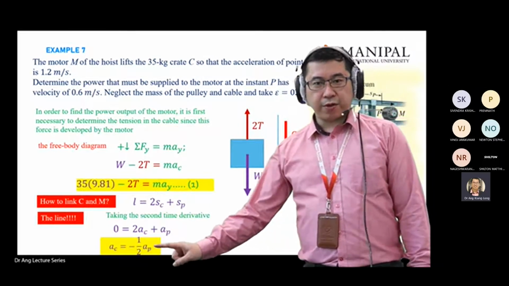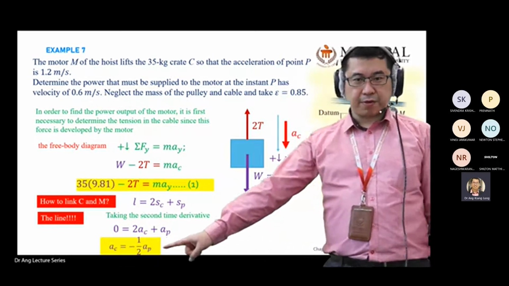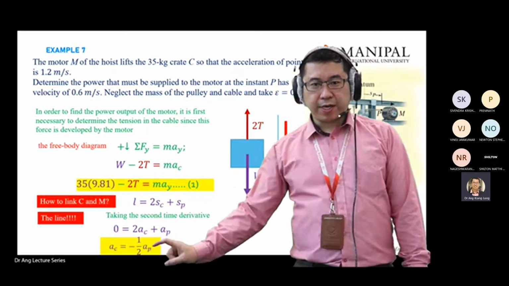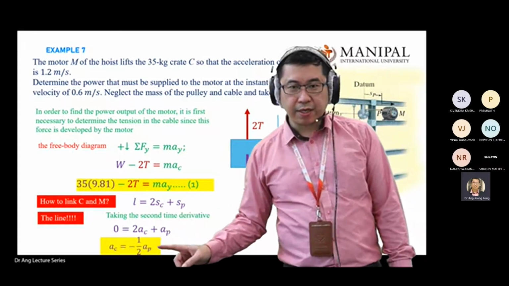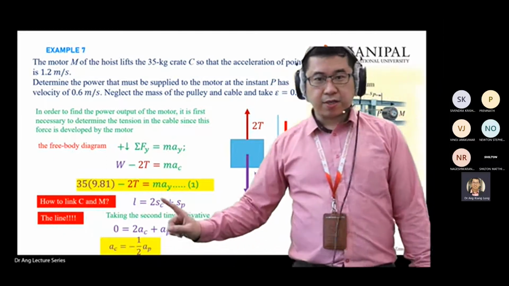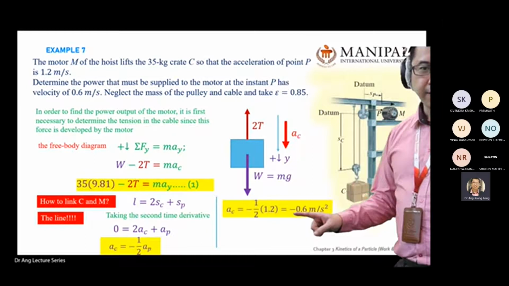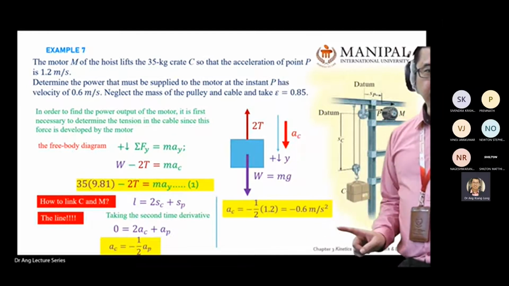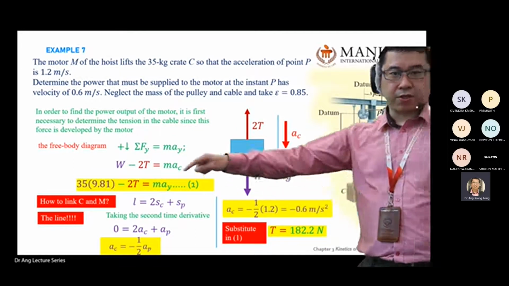So once you substitute the value from the question itself, you have your AP. Once you find your AC, substitute inside. Here your AC is AY, correct. Then you just substitute the value, and you get what your T is.